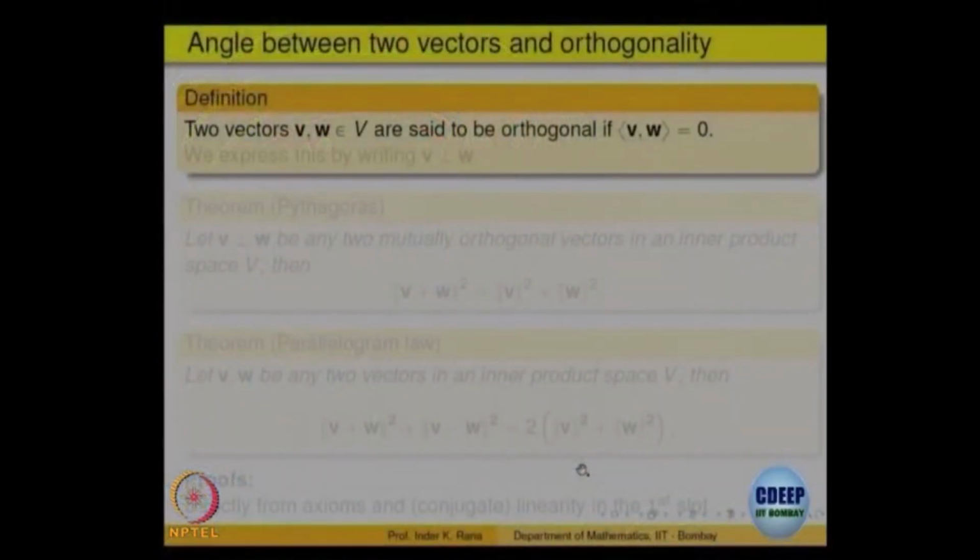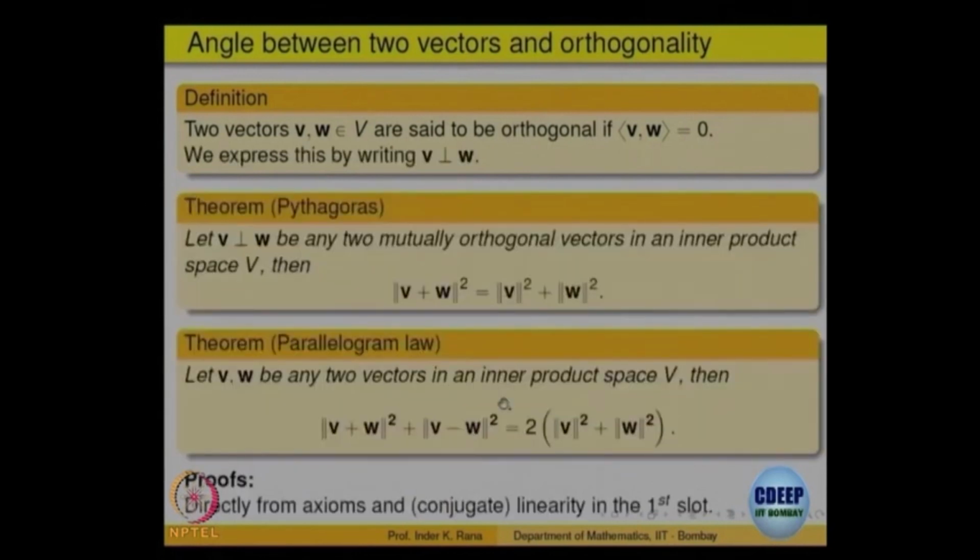Once you have the notion of dot product, we can define the notion of perpendicularity in an abstract vector inner product space. So 2 vectors are said to be orthogonal if their inner product is equal to 0. Once perpendicularity is defined, you can prove the standard Pythagoras theorem: norm of v plus w squared is norm of v squared plus norm of w squared if v and w are perpendicular to each other.